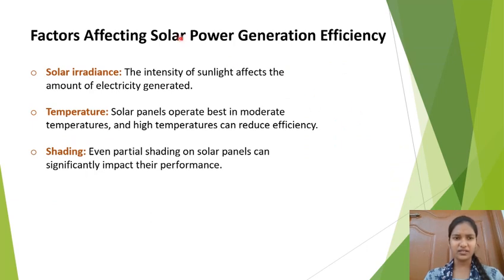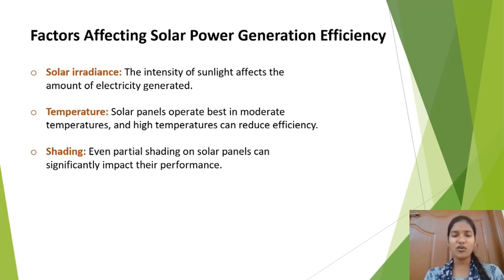Next, factors affecting solar power generation efficiency. What are the factors that are affecting? Now let us see that. Solar irradiance, temperature and shading. These are the factors affecting solar power generation efficiency. Now let us see the intensity, solar irradiance.